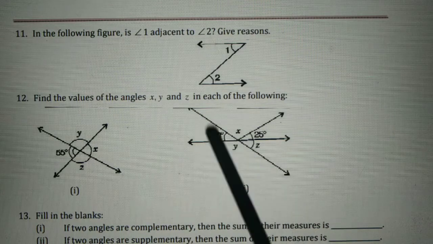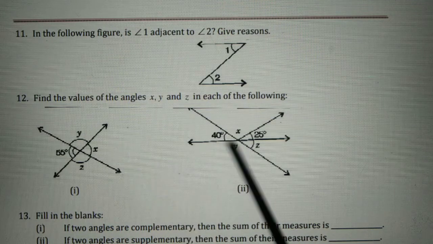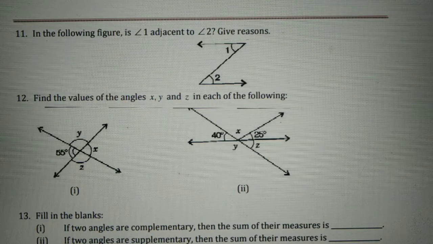So we must recap our knowledge about the angles and then find out the values. Now when two lines intersect with each other, four angles are made, in which two pairs are vertically opposite angles.